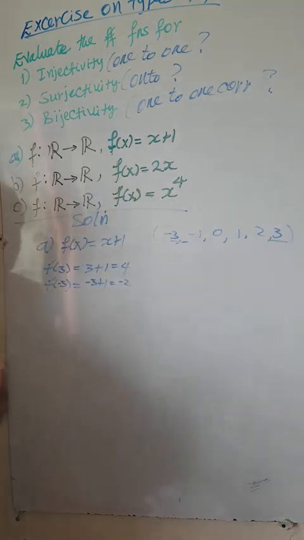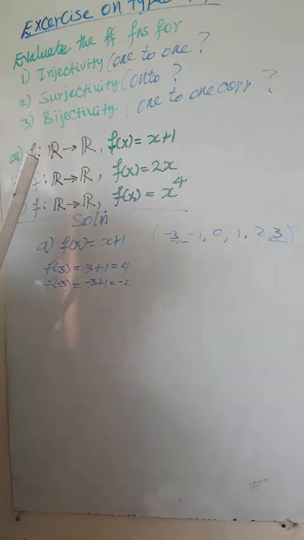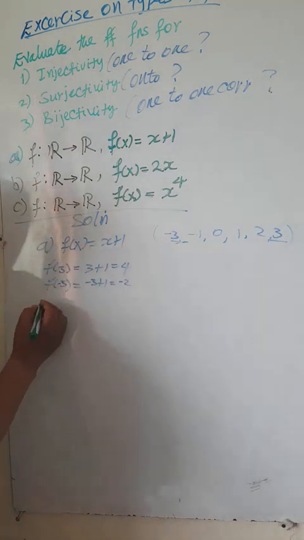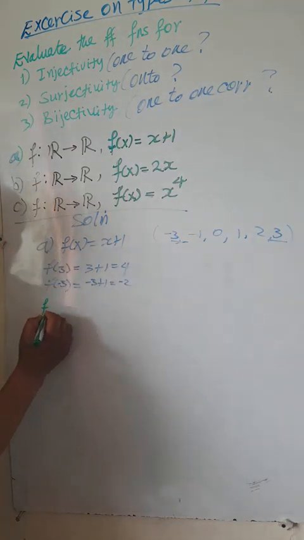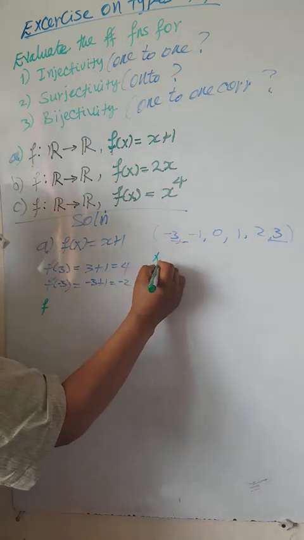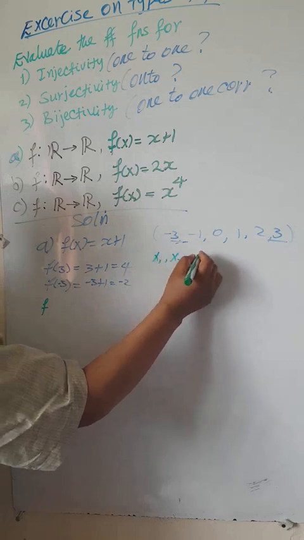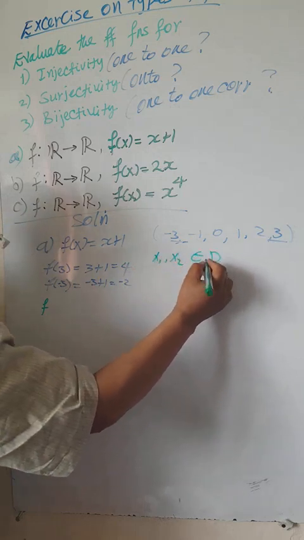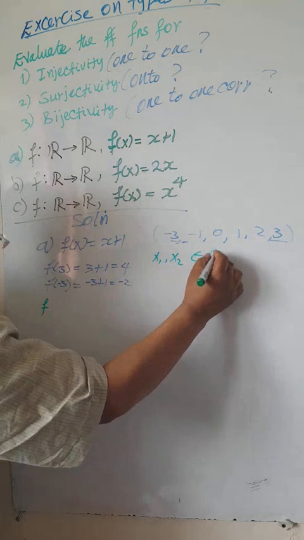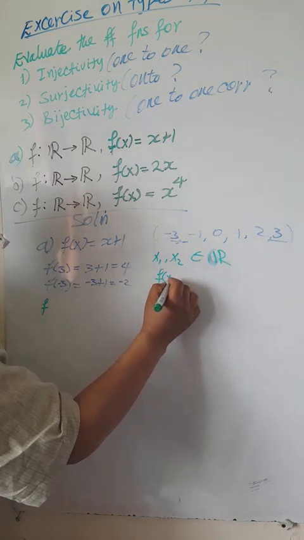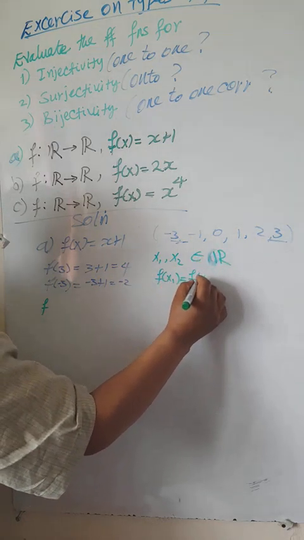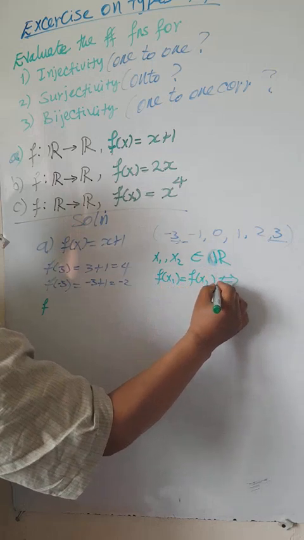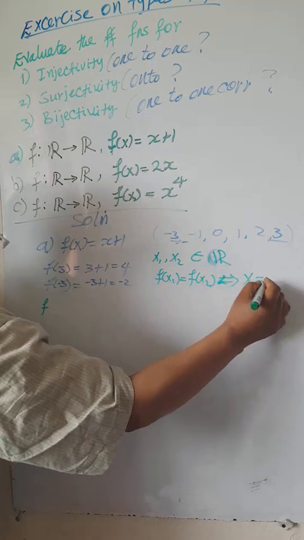We go about it intuitively like this, but when we come to see the proof that was given earlier, what we do is this: if we have x1 and x2 which are elements of our domain, the set of real numbers, then f of x1 is equal to f of x2 if and only if x1 is equal to x2.